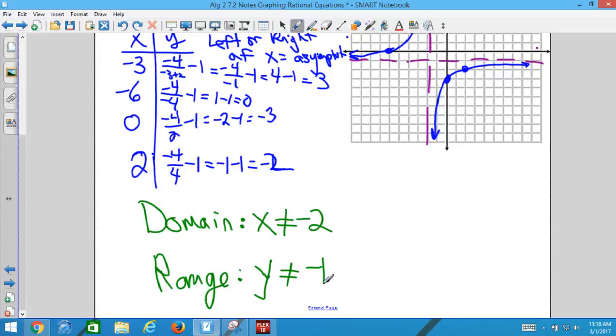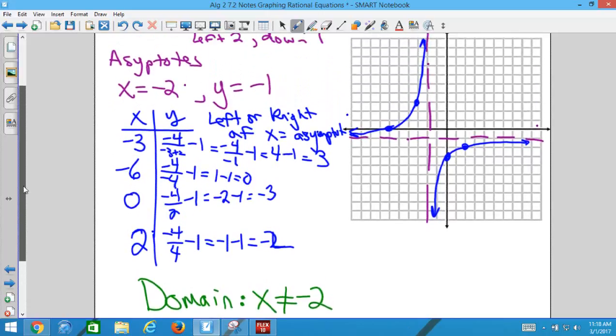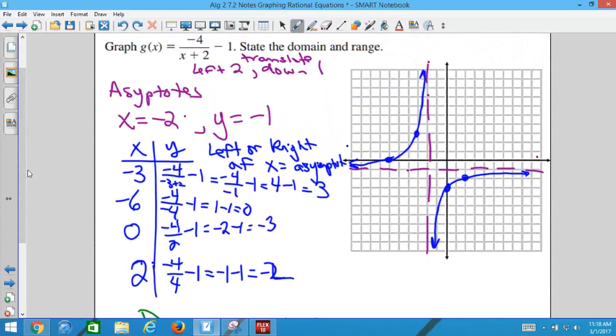No, you're doing the thing that always confuses everybody. This is when x is negative 2. Since that's the vertical asymptote, x equals negative 2, because y can be anything. It changes there. Every single ordered pair has a different y, but x is negative 2 there.